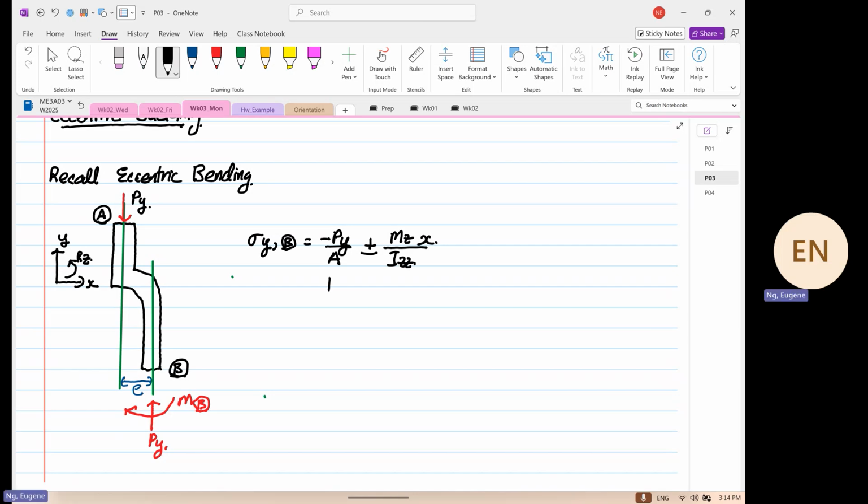And we understand that this is due to your bending moment. Okay. And then from here, we know that MZ is equal to PY multiplied by E. You can recall that, yes or no? Right?